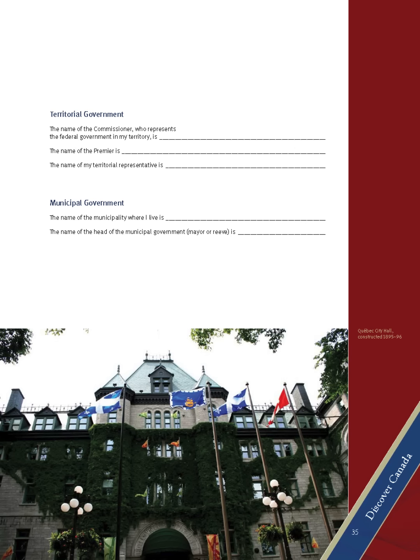Territorial government. The name of the commissioner who represents the federal government in my territory is... The name of the premier is... The name of my territorial representative is... Municipal government.